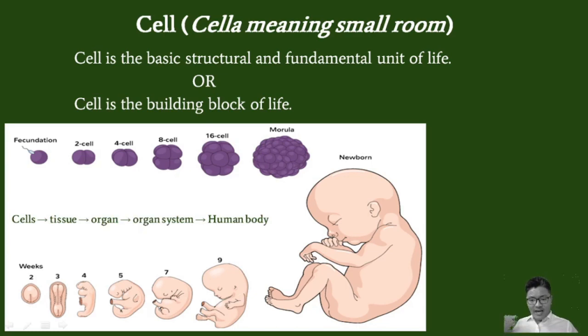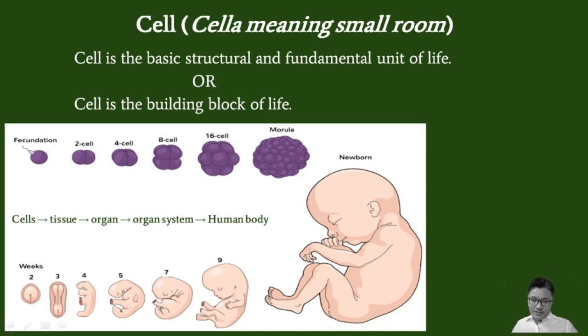In our body, we have cells which group to form tissue. Tissue is group of cells having similar structure and function. Many tissues will form organ. Organs are having specific function. Many organs will form an organ system.